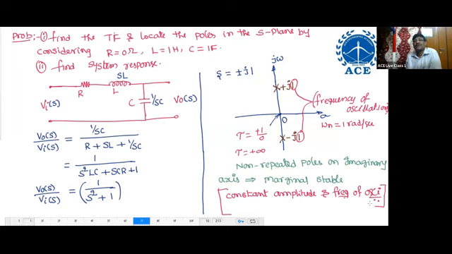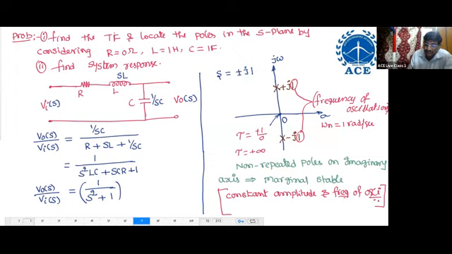It never follows the input, and it never goes to infinity. So remember, non-repeated poles on the j omega axis make the system marginally stable, and the response has constant amplitude and frequency of oscillation.